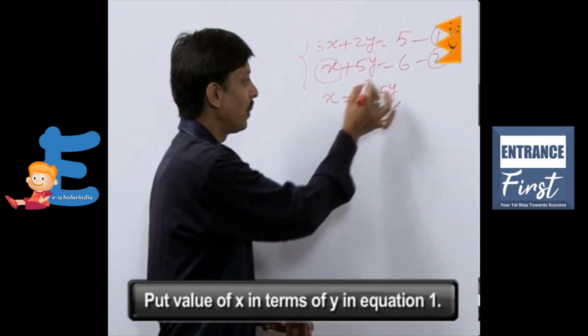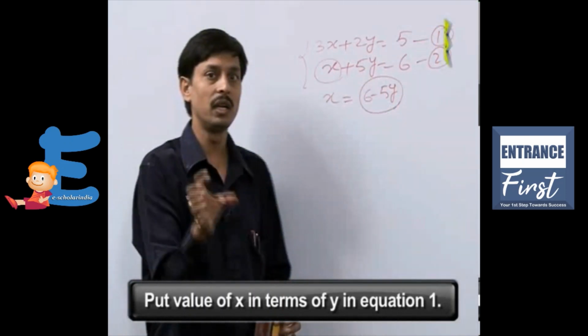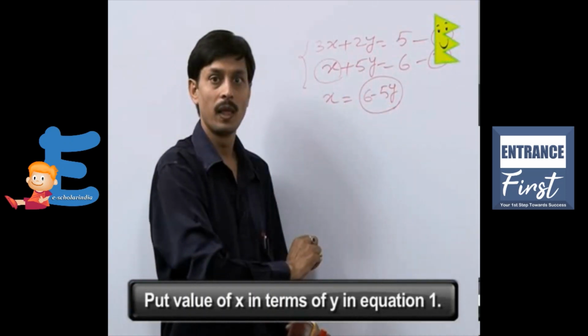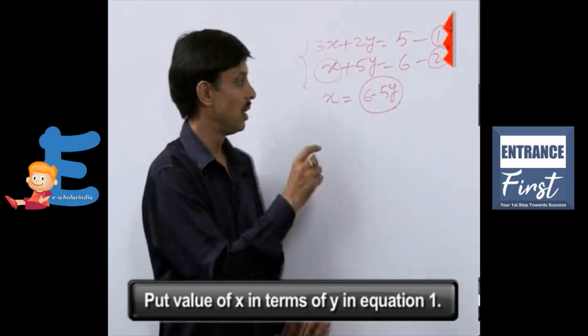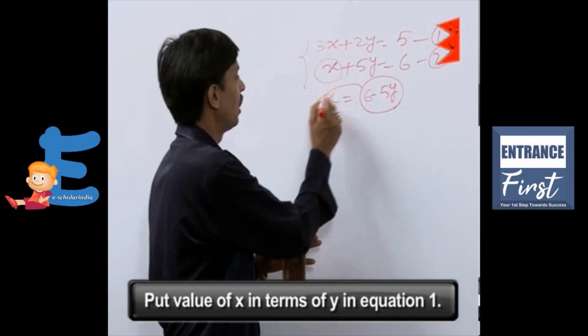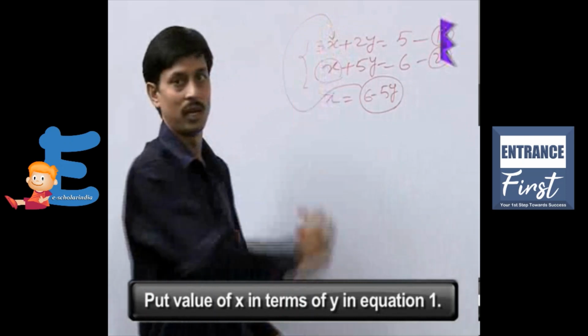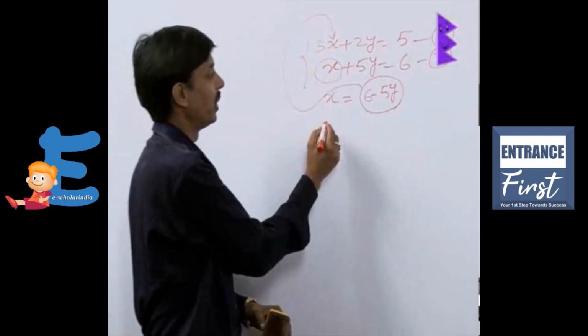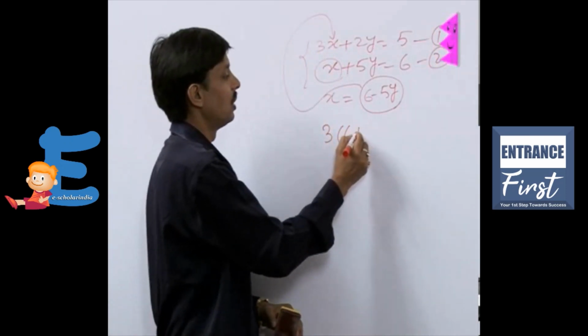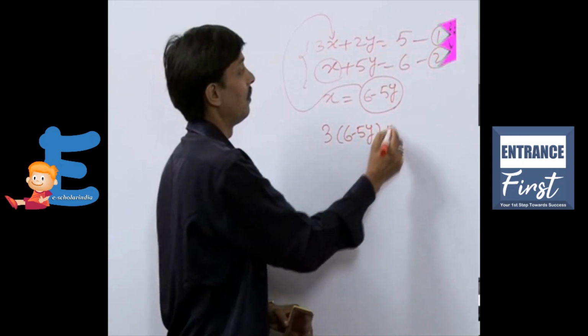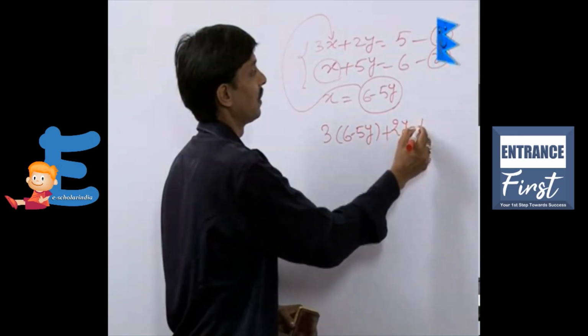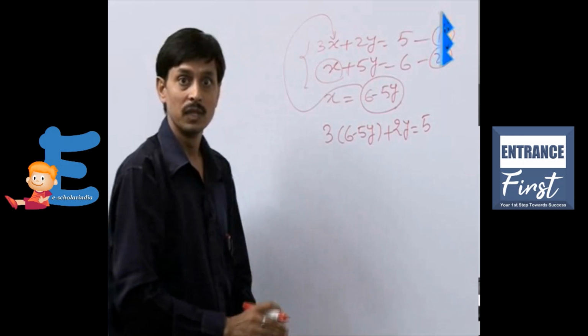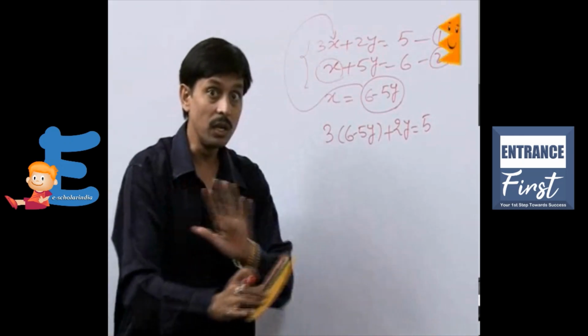Now this value of x, taken in terms of y, needs to be put in equation number 1. So it is going to be 3 into (6 minus 5y) plus 2y is equal to 5. You can do it in different ways.